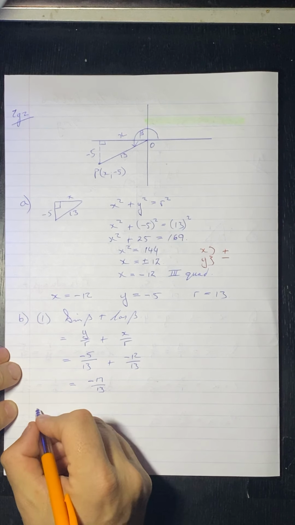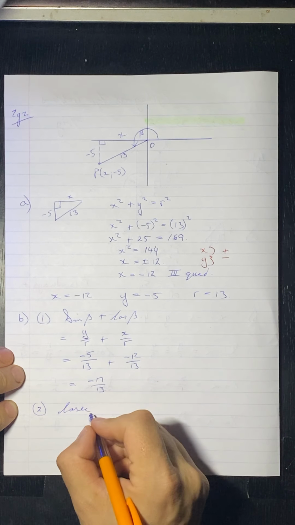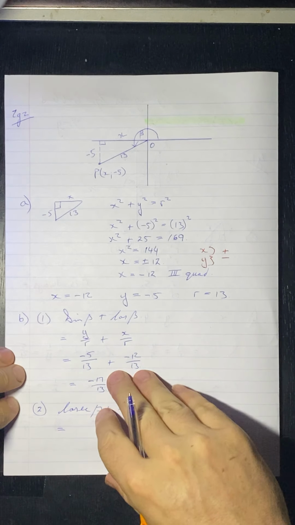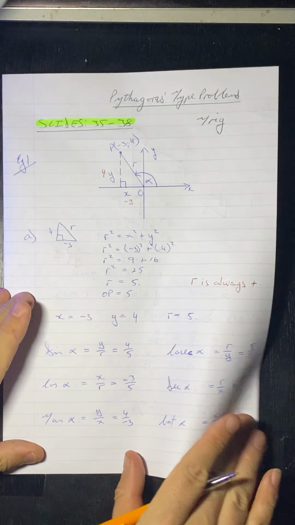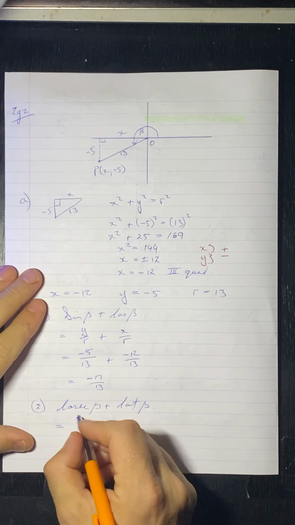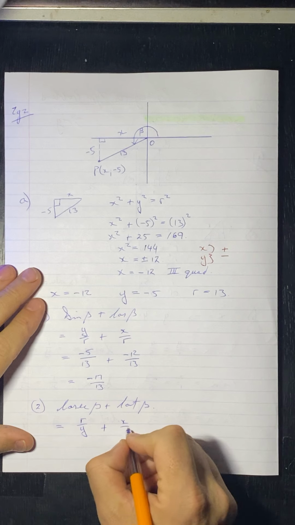If we look at number 2, they're asking for cosec beta plus cot beta. Cosec in terms of x, y, and r is r over y, and cot is x over y. So cosec is r over y plus cot is x over y.